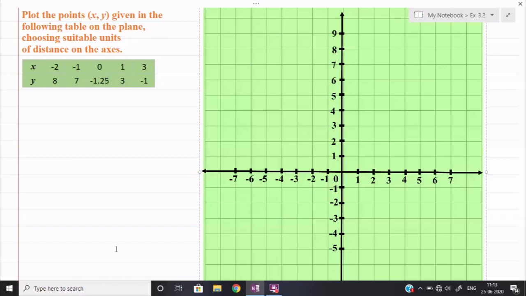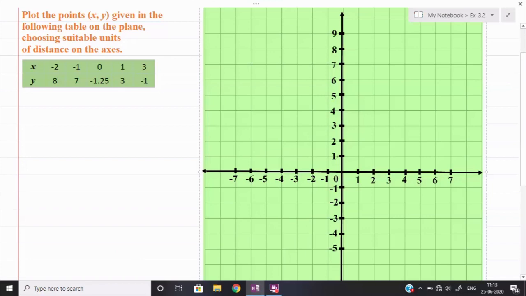For example, as you can see, the graph paper is in front of you. Normally, in most of the cases, we take a scale of 1 unit equal to 1 centimeter. What does it mean? Suppose you look from 0 to 1, then 1 to 2, 2 to 3.